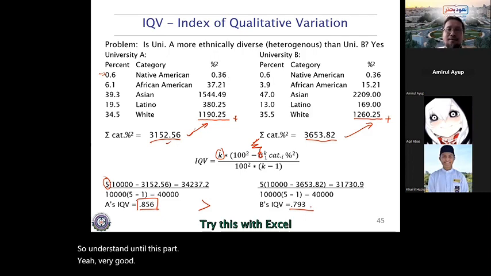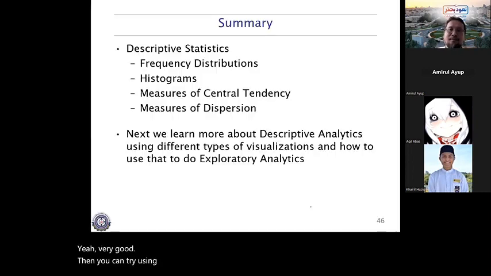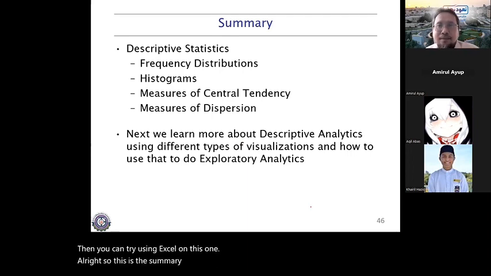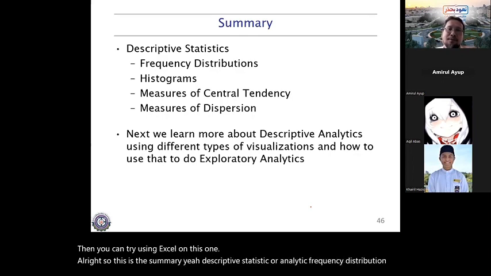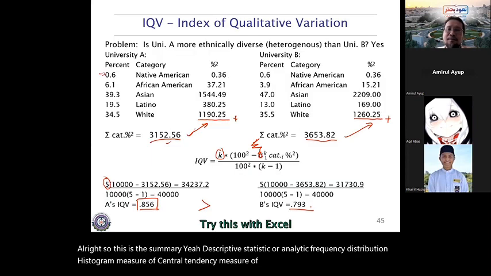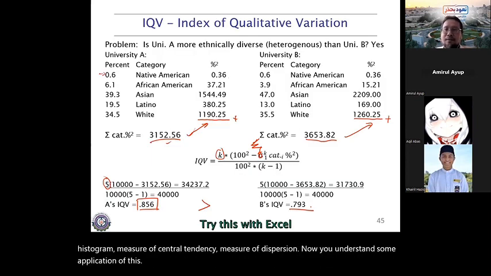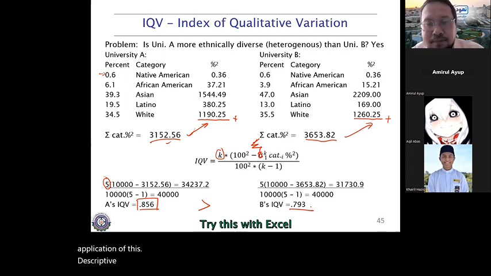Then you can try using Excel for this one. All right, so this is the summary: descriptive statistics or analytics, frequency distribution, histogram, measure of central tendency, measure of dispersion. Now you understand some applications of descriptive analytics.